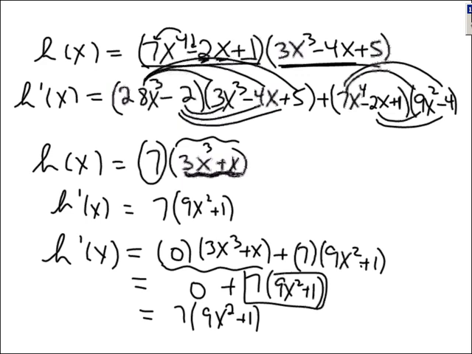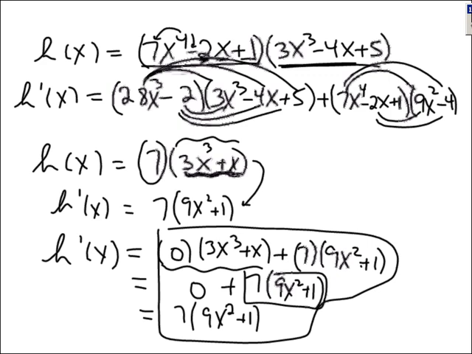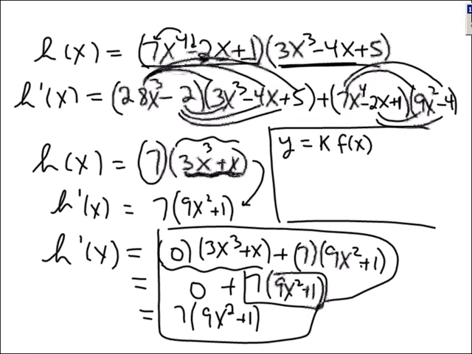Okay, you don't need to do it that way. I did it in one line here, and with the product rule it took 3 lines and was much, much longer. In fact, we can even derive the constant multiple rule. If you have y equals k times some function, you can use the product rule. y prime is the derivative of k times the second plus k times the derivative of f of x.